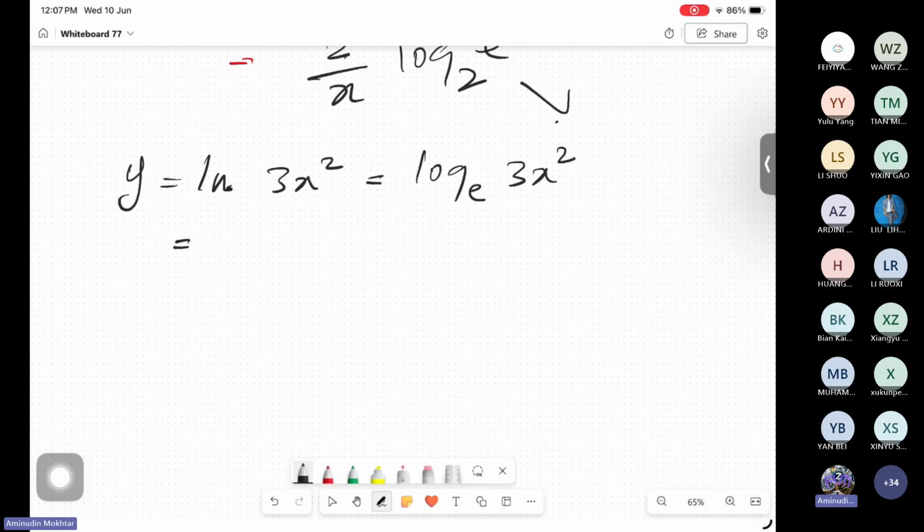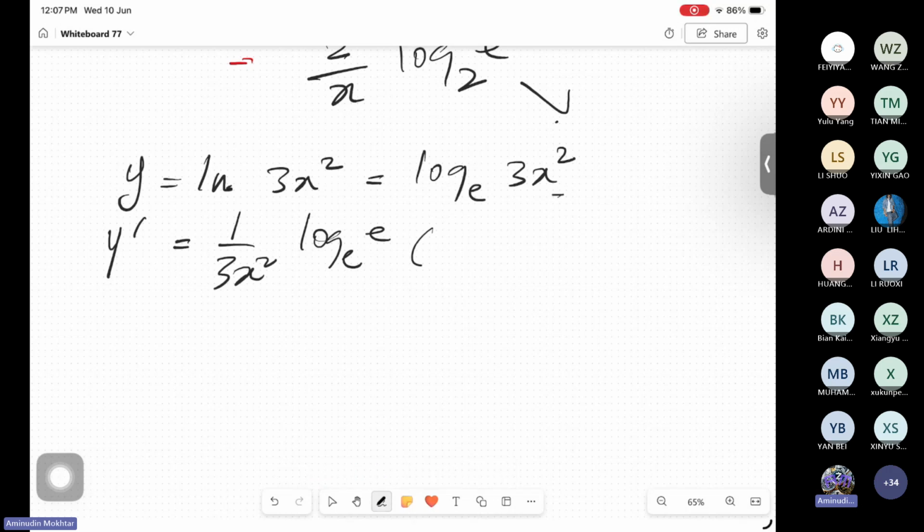So based on these properties, we can write the first derivative dy/dx equal to 1 over 3x squared log e of e, and then the derivative of 3x squared is 6x. So then log e of e is equal to 1.